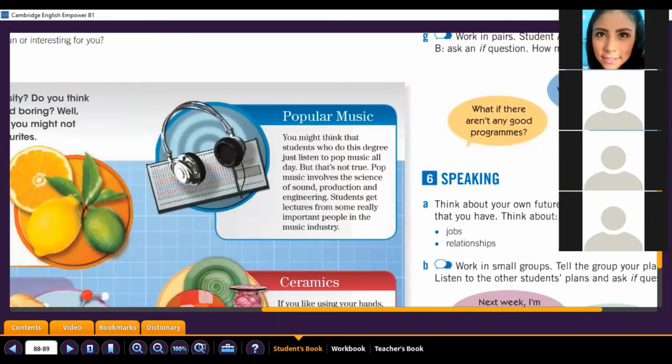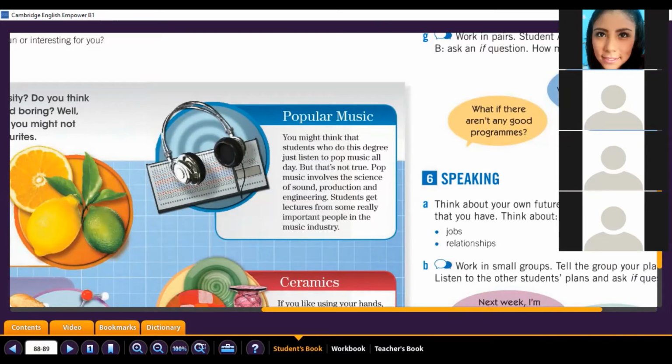You might think that students who do this degree just listen to pop music all day, but that's not true. Pop music involves the science of sound, production and engineering. Students get lectures from some really important people in the music industry.